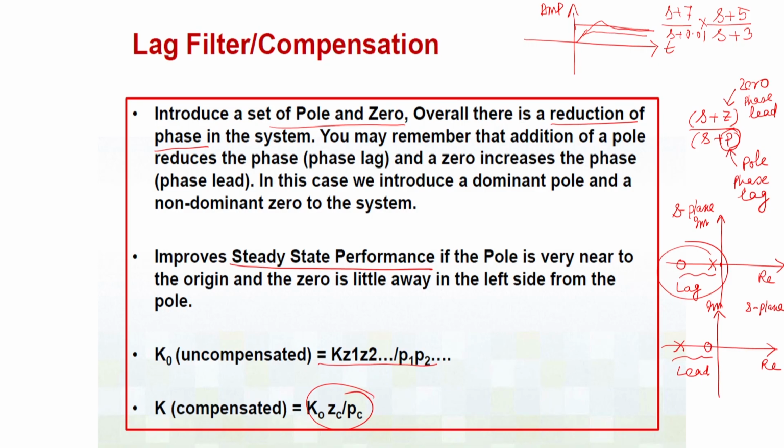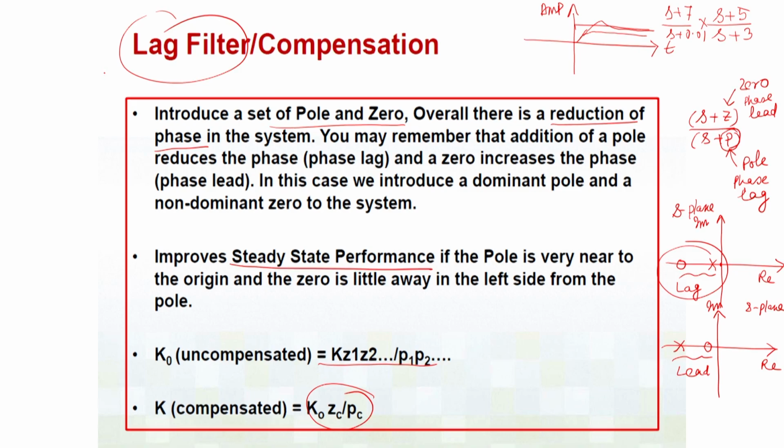That is what is called the steady state performance: the command will be able to be followed if you create a lag system. So, whenever we want a system to suddenly shift from value A to value B, or position A to position B, we use the lag filter.